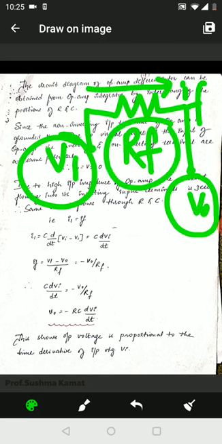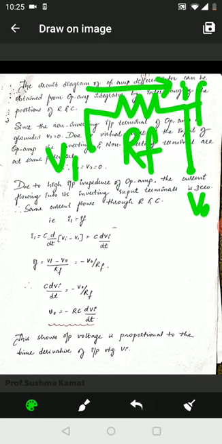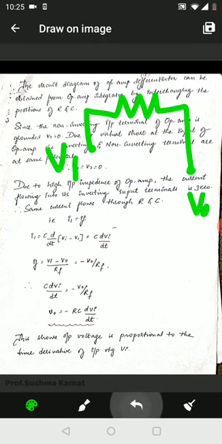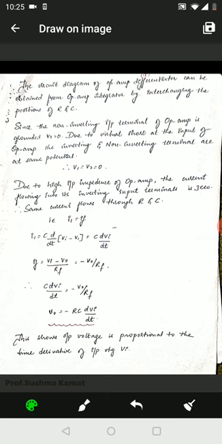V1 was 0, that is why the answer is minus V0 upon RF. Now we are supposed to equalize the terms. If we equalize them, I get C into dVi upon dt is equal to minus V0 upon RF. Let us take this RF to the other side along with the negative sign.